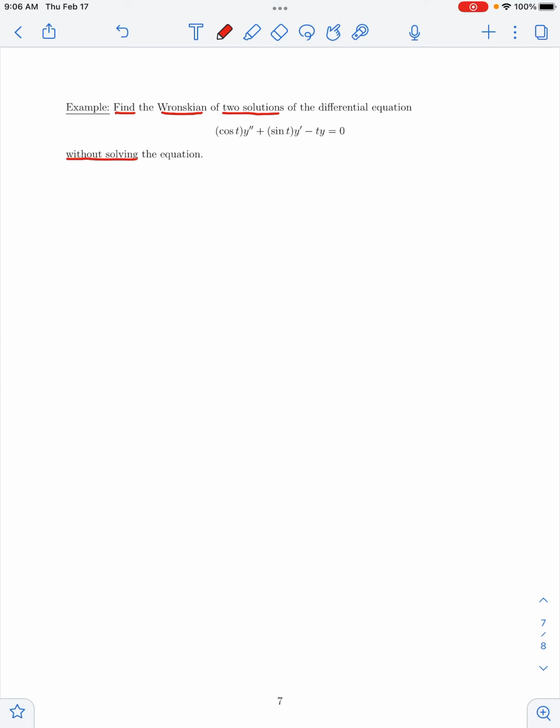So without actually finding two solutions, find the Wronskian. So right away, we know we want to use Abel's theorem. Abel's theorem will allow us to find the Wronskian for a set of solutions of a differential equation without actually solving. And the first thing that we need to do to apply Abel's theorem is rewrite the equation in standard form.